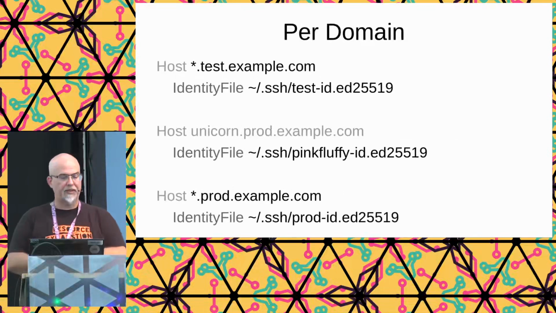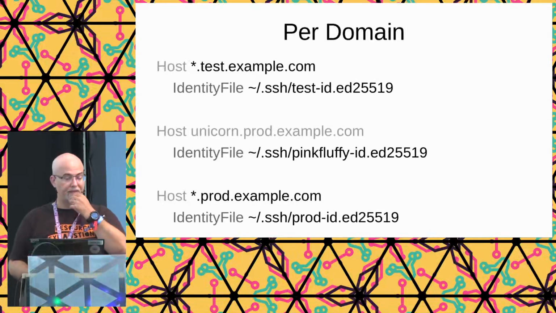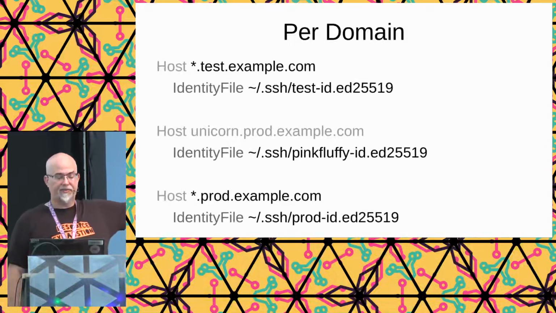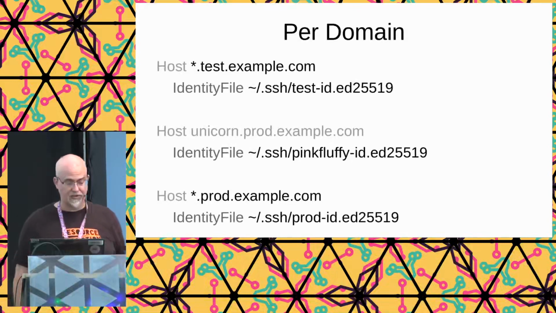So in this example, if I want to connect to a server like web.prod.example.com, it will take my prod ID private file, the last one at the bottom.